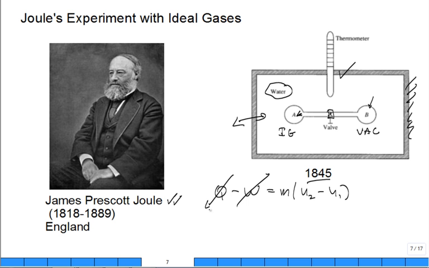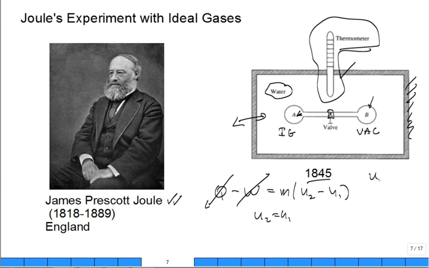Why is Q 0? He observed no temperature change of the water. Hence, there was no Q from the gas to the water or from the water to the gas. So he deduced that U2 is equal to U1 for the ideal gas. Internal energy didn't have to change. But what changed?